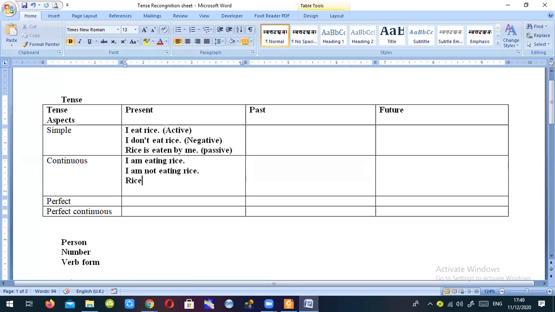"Rice is being eaten by me." Being form, right? And the same form will be there. E changes into was, right?